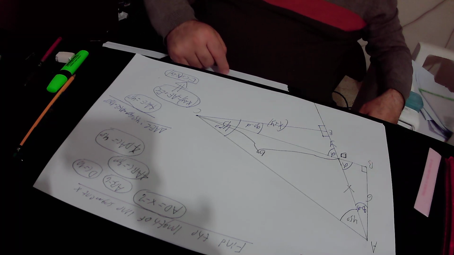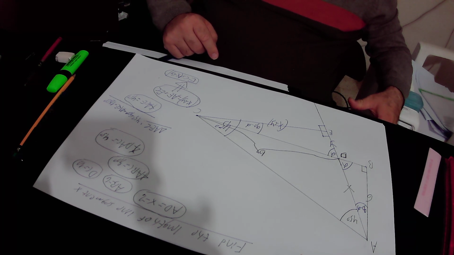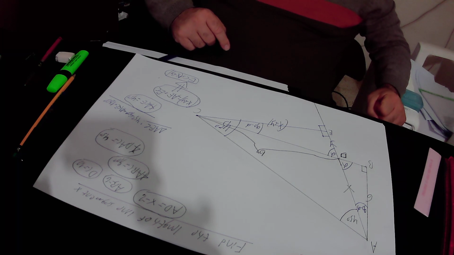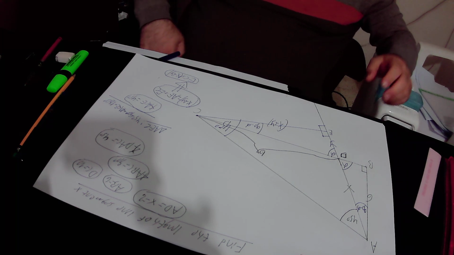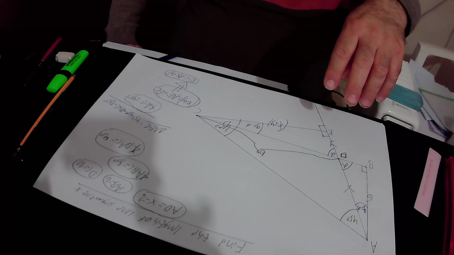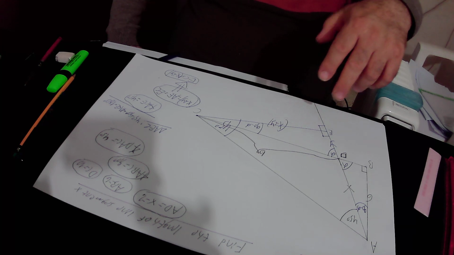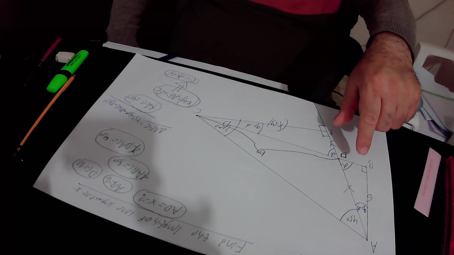So we can derive from the fact that all the angles of triangle ABD are congruent to all the angles of triangle DEC that those two triangles are similar to each other.